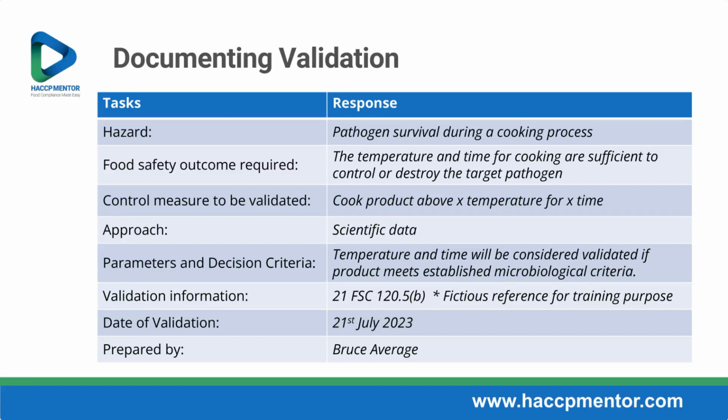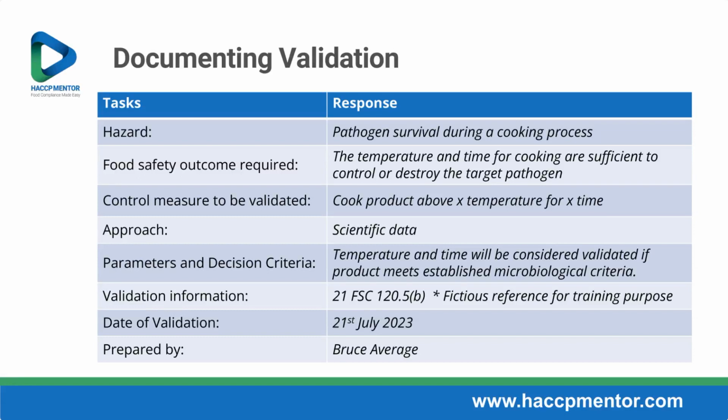The control measure that we want to validate, and what approach we're going to use. So whether we're going to use theoretical, if it's coming from legislation, or scientific data, you can write whatever, those ones we looked at before. Then the parameters and decision criteria. So this is basically saying, in our example, the temperature and time will be considered validated if the product meets established microbial criteria, or microbiological criteria.